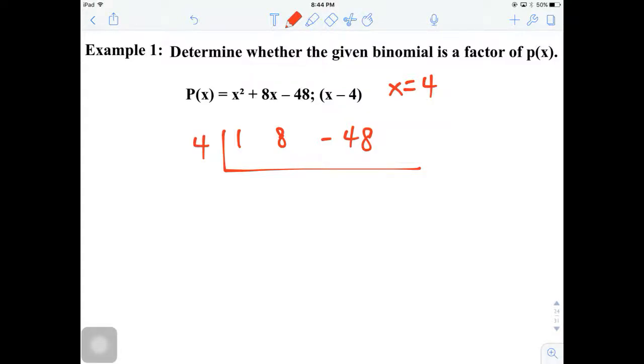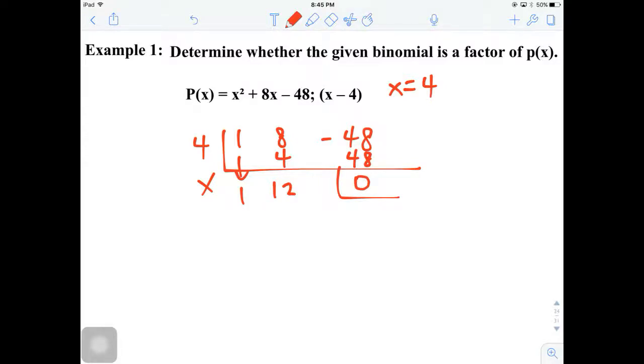So we need to put the zero form, 4, in the front, not the factor form. First step again is to bring down the 1 and then multiply. 1 times 4 is 4, and then 8 plus 4 is 12. Then 12 times 4 gives us 48, and we have a remainder of 0.